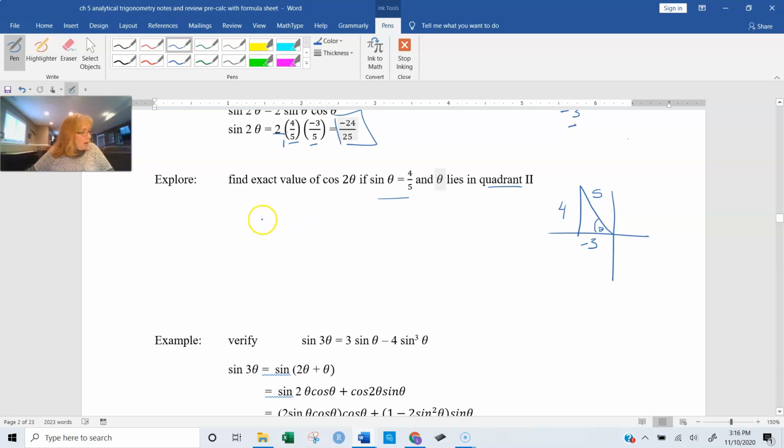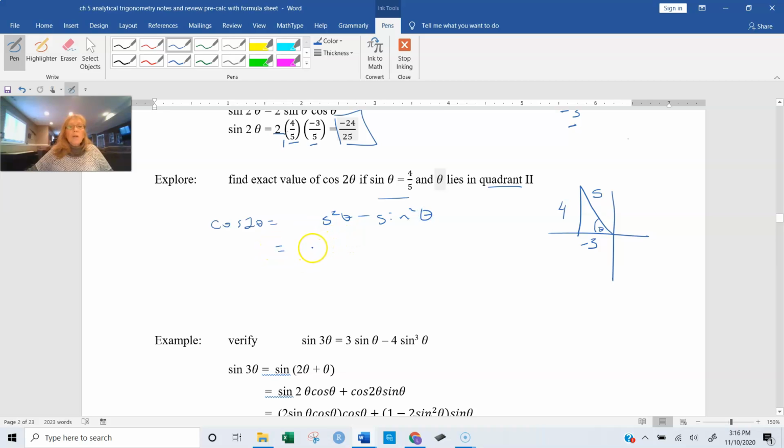Cosine of 2 theta. Again, this is one you kind of get to choose. Since we don't really care, I'm just going to do the cosine squared of theta minus the sine squared of theta. You could use any of them and come up with the exact same answer.